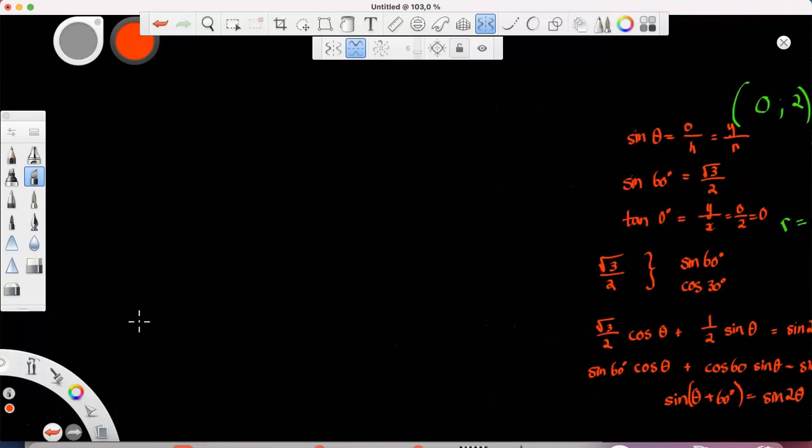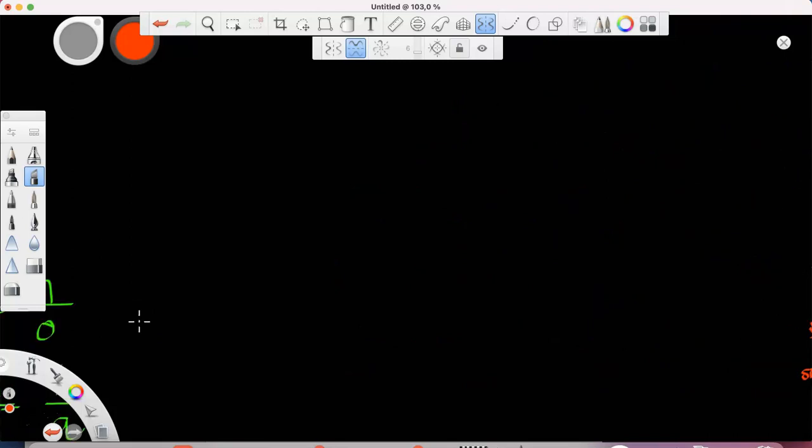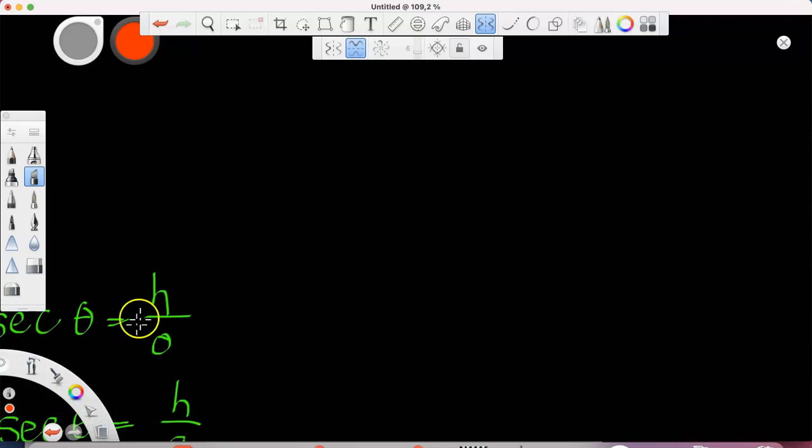The one is that sine squared theta plus cos squared theta is equal to 1.